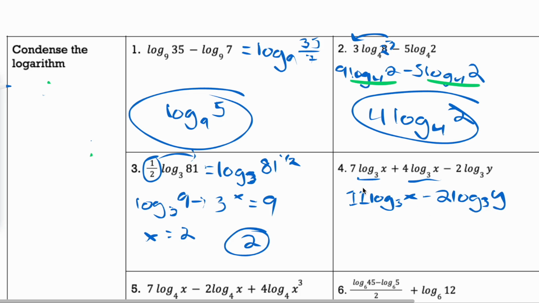So how are we going to get rid of this coefficient? Well, we're going to do that by taking this and raising x to that power. Same thing with this 2.